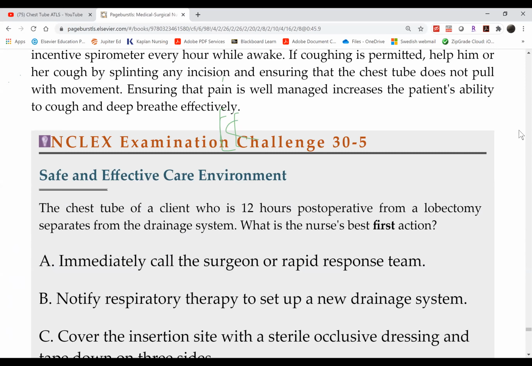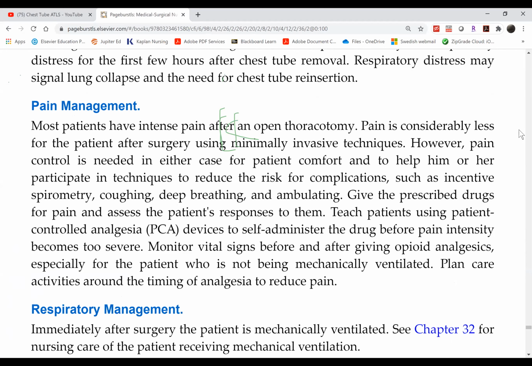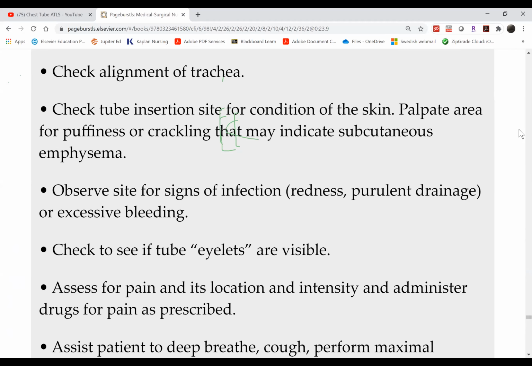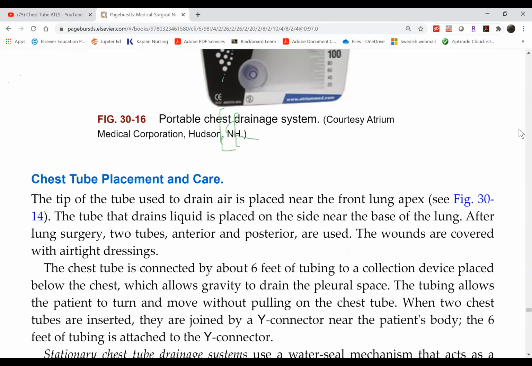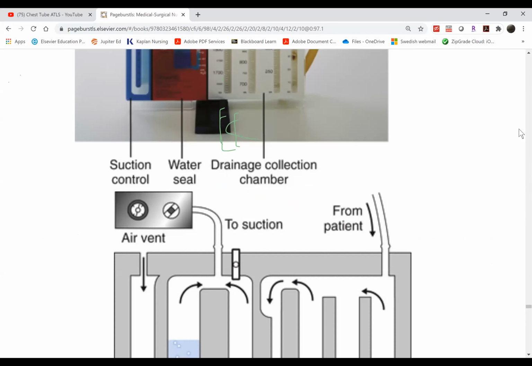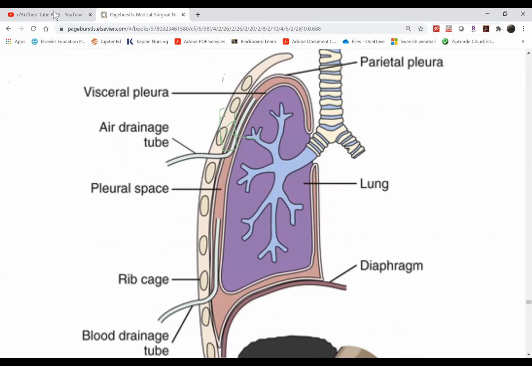So we need to put a large drain, which is now your chest tube. To help you see where the chest tube is, let's watch a short video.